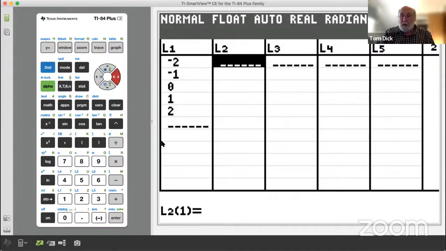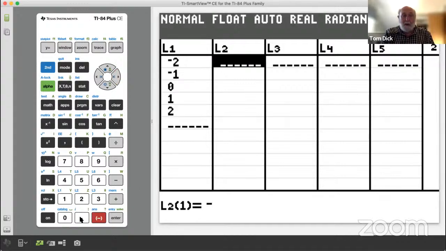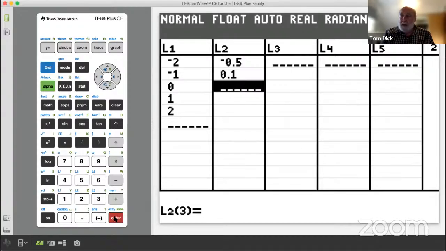So our first one here is -0.5, 0.1, -2, 0.5, and 10.